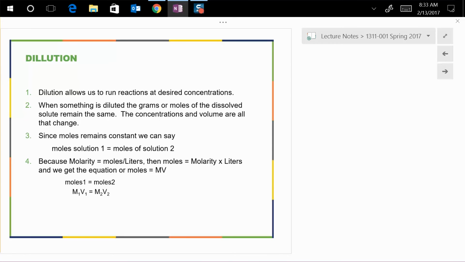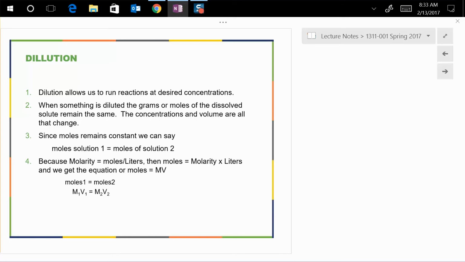Now dilution plays right into molarity. So dilution allows us to run reactions at desired concentrations. So a lot of times you will make a solution that's very concentrated, and then you can keep that solution very pure, and then you can make another solution from it that's less concentrated that you can use to run all your reactions.